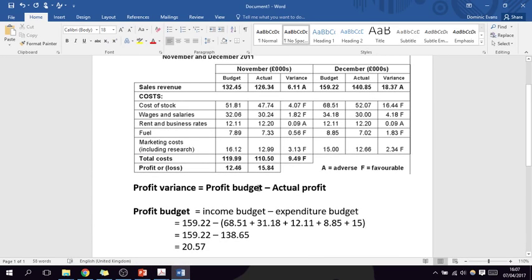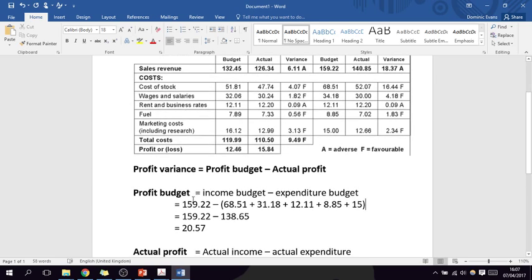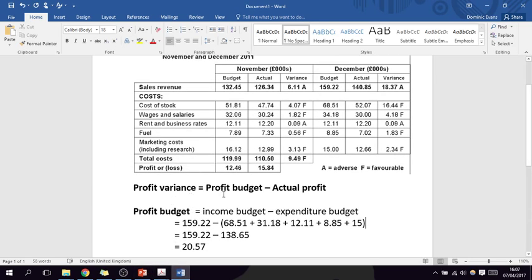So important to start any calculation question with a formula. The question is asking us to calculate the profit variance for December only. So the first thing that we need to do is work out what the budgeted profit or loss was. What was the profit budget?